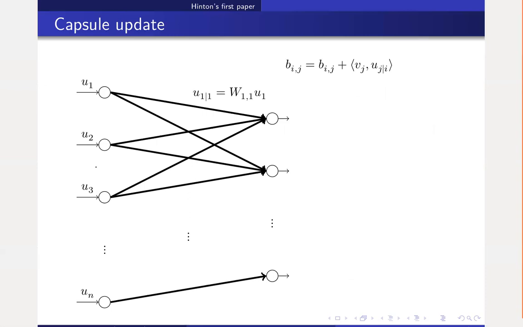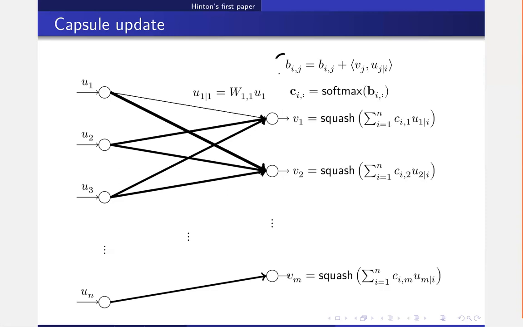So I take V and U and do an inner product, and I add it to this b_ij here. This b_ij at the beginning will be just zero, but each time I accumulate it with this inner product of V_j and U_j|i, basically how well V_j matches U_j|i here. And then once we update this b_ij here, we can do a softmax of b to obtain c here.